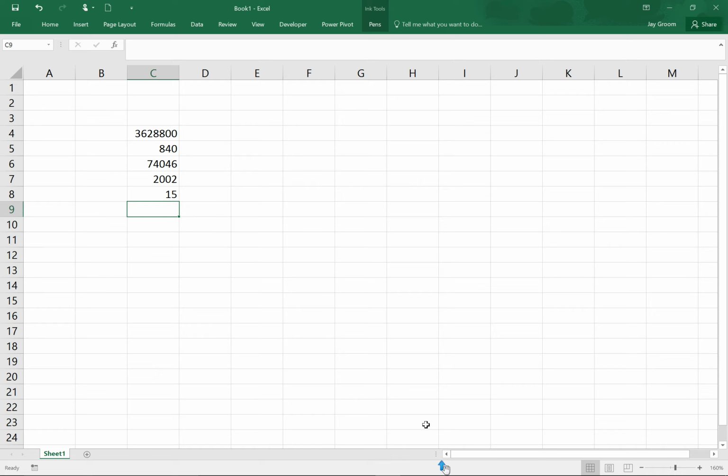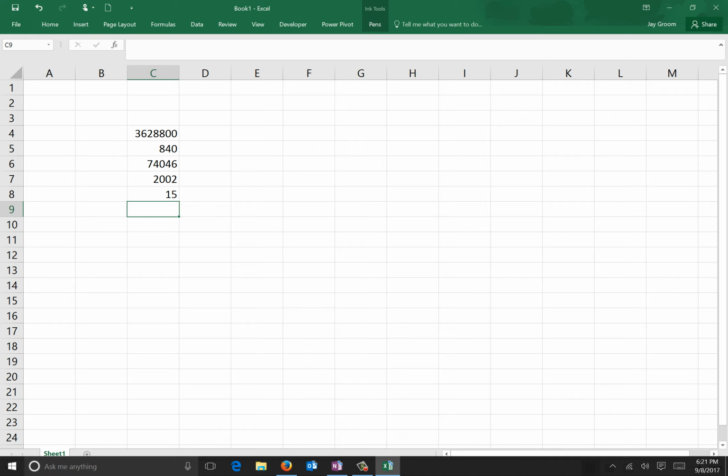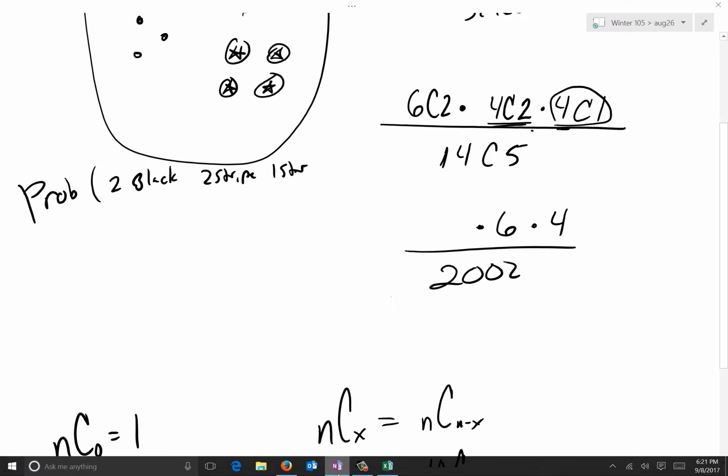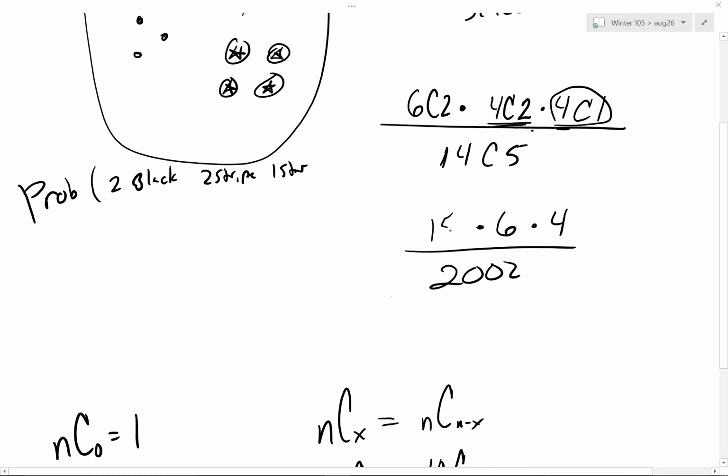Actually, I would have guessed that if I'd thought about it for a minute. So it's 15 times 4 is 60 times 6 is 360 out of 2002. That would be my probability.